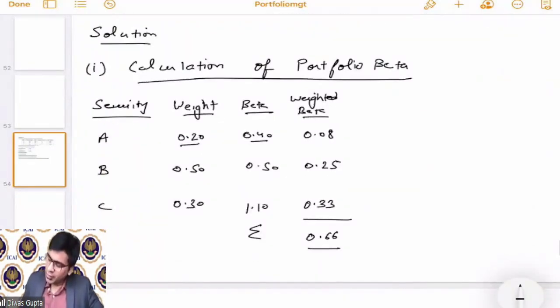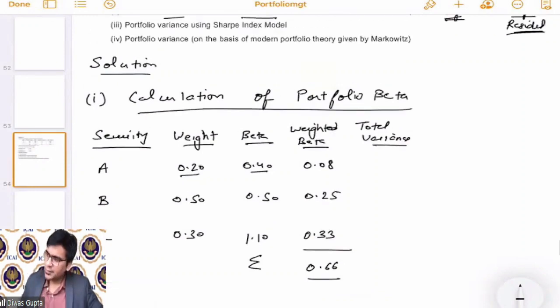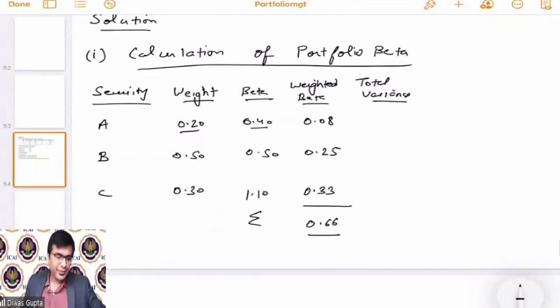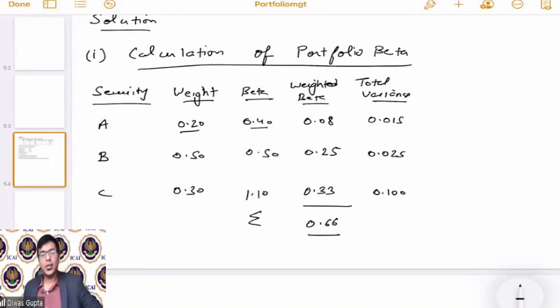So let us first plot the total variance here, which is as per the question. 0.015, 0.025 and 0.025, 0.100. This is the total variance.